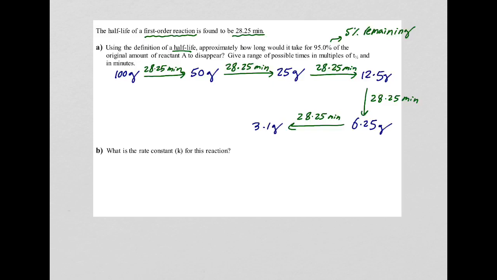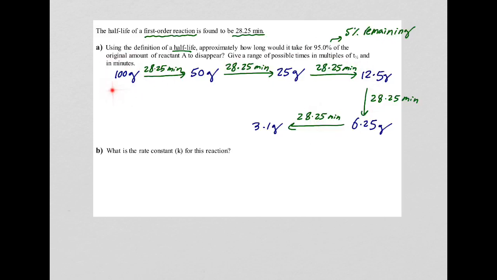Okay? So check this out. I started with 100 grams. You can start with whatever number that you want. 100 is an easy number, right? So 95% is going to disappear. 5% is going to remain. So when does that happen? Somewhere right here, right?